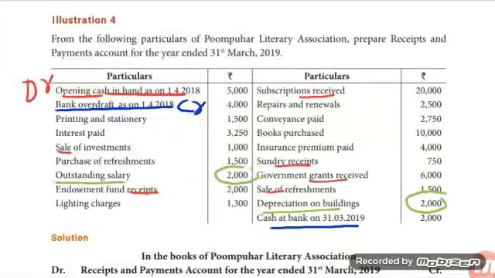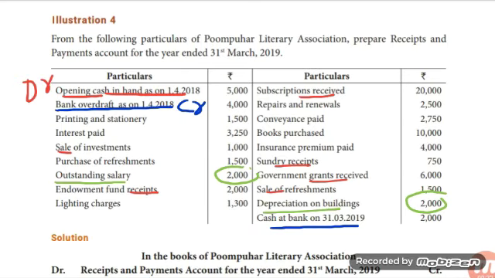Next question. From the following particulars of Pumbuhar Literary Association, prepare receipts and payments account for the year ended 31st March 2019. Some receipts and payments are given in the question.